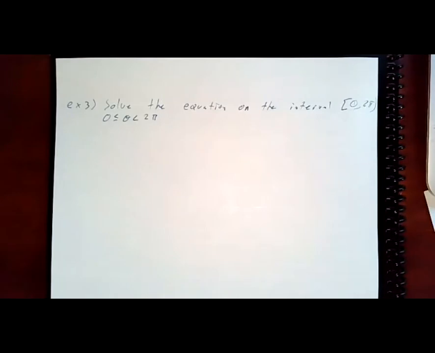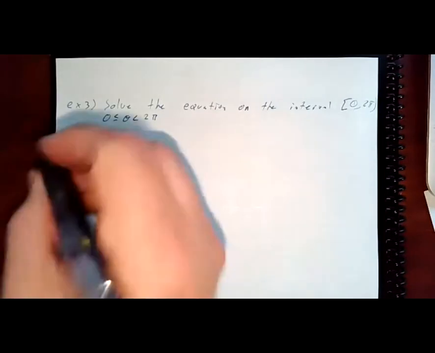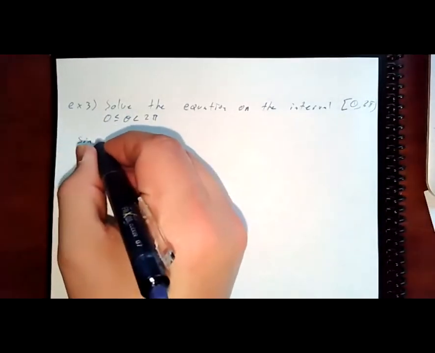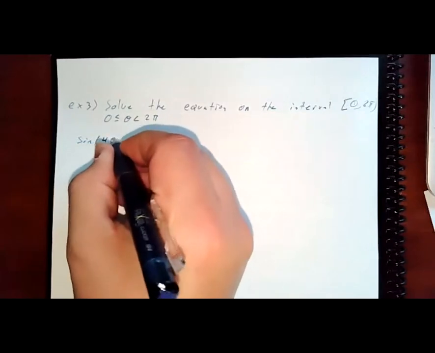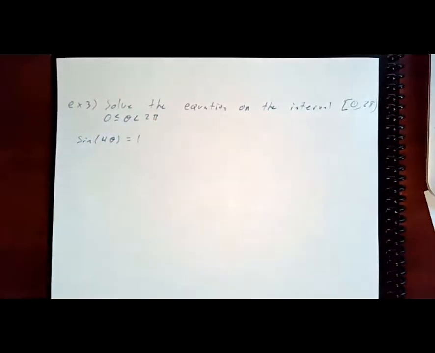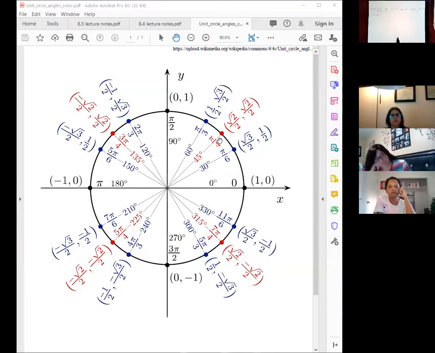Okay, so here's the equation. So let me show you what I'm talking about. We have sine of 4 theta equal to 1. So first thing we should do is look at the circle and give us an idea. So we know that sine, regular sine, not 4 theta, is equal to 1 at pi over 2, right?